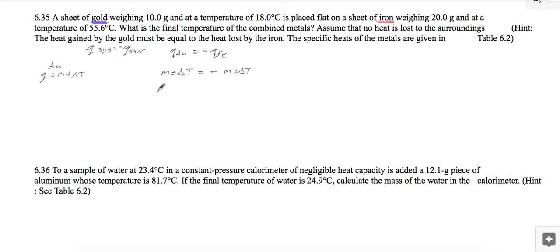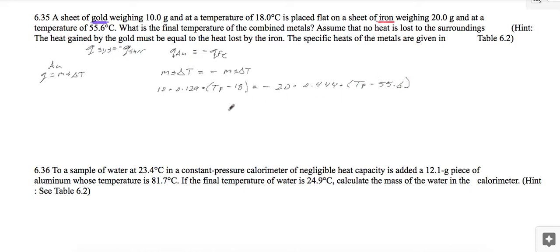Plug things in: 10 grams times the specific heat, 0.129, times the change in temperature, which is going to be T final minus 18, equals the mass 20, specific heat 0.444, times T final minus 5.6.